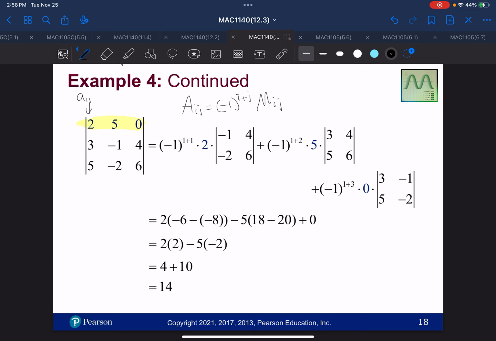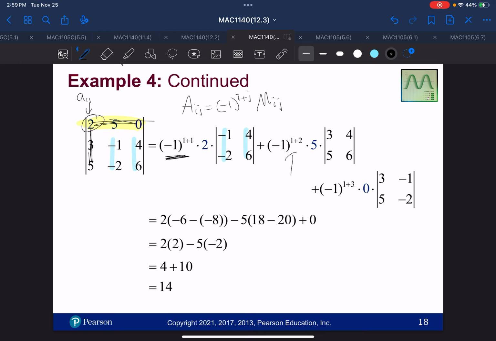So this will be -1 raised to the 1 plus 1 power times 2, because that's the first number there, times the determinant of what you get when you mark out the first row and the first column, which will leave us with this. Okay, so -1 to the 1 plus 1 power will be -1 squared, which would be a positive 1. Like I said, it starts positive.